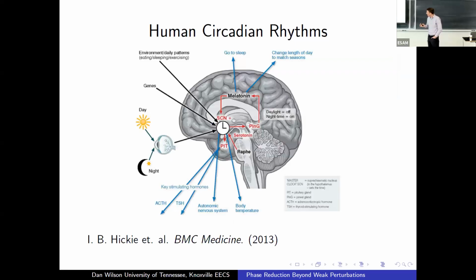There's a lot of oscillatory systems that occur in nature. One that I think a lot of people are intuitively familiar with is their own circadian rhythms. These are evolutionarily advantageous for people to be able to anticipate and respond to predictable changes in their environment. So for instance, during the day, you're awake, at night, you're asleep.